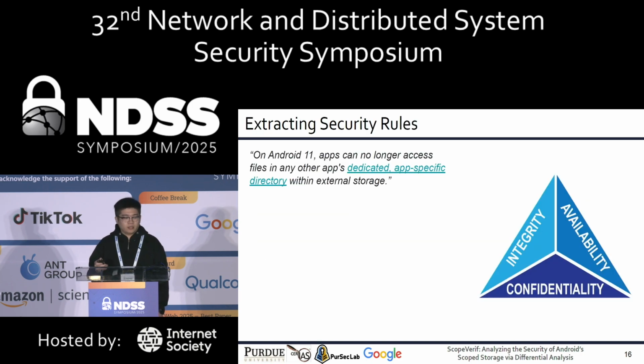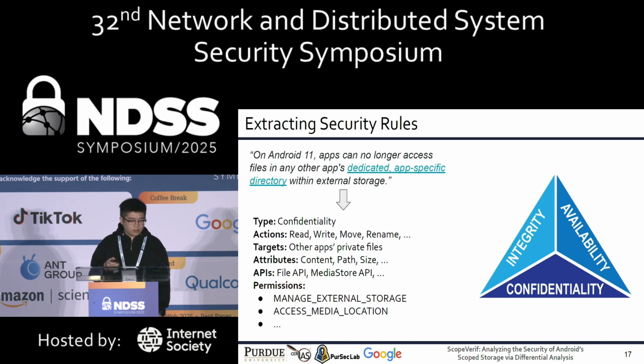In more detail, we have a natural language security rule, and we want to translate it into a structured security rule. The key step here is to determine the type of the rule: whether it is confidentiality, integrity, or availability. In this case, the security rule is confidentiality because we are saying apps do not have access to other apps' private files.